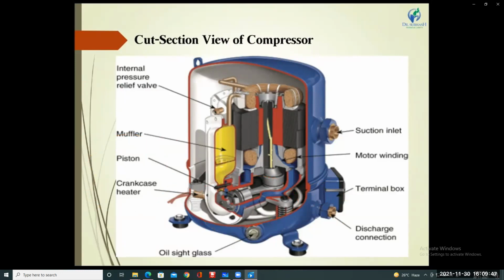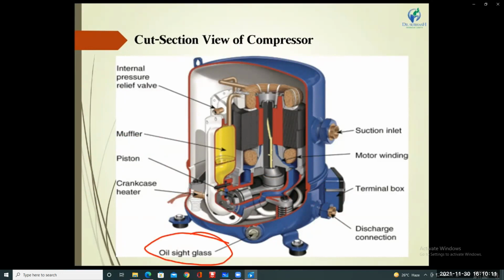In winter conditions, sometimes the single acting reciprocating mechanism does not work, so a crankcase heater is given for smooth running. It is all inside the shell, meaning the whole assembly is filled with oil.